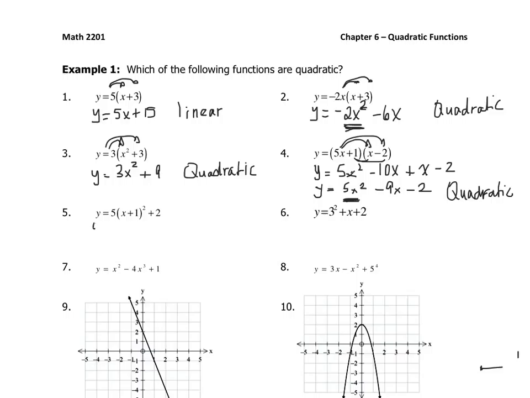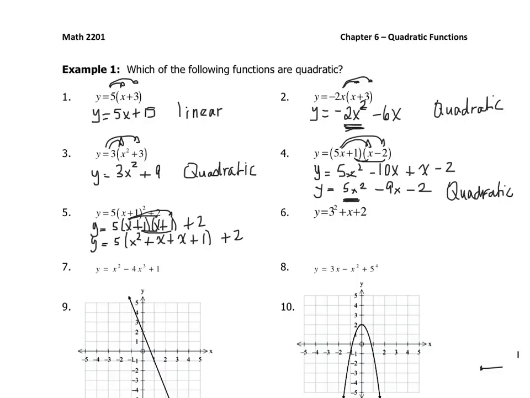This one here kind of looks funny, but if you expand it as x plus 1 times x plus 1, you can see that x times x is x squared, plus the x, plus the next x, plus 1.